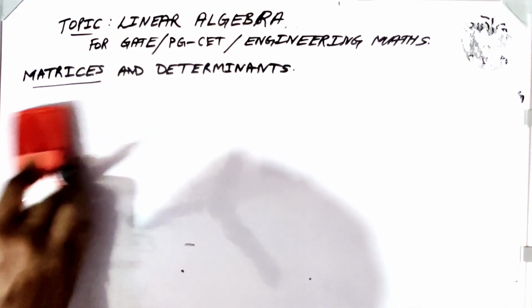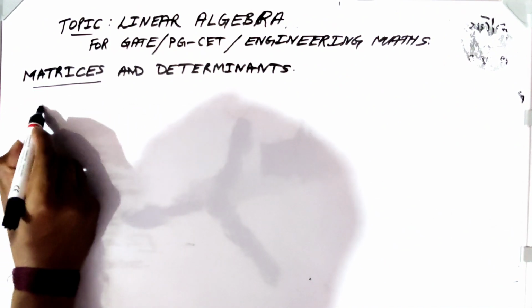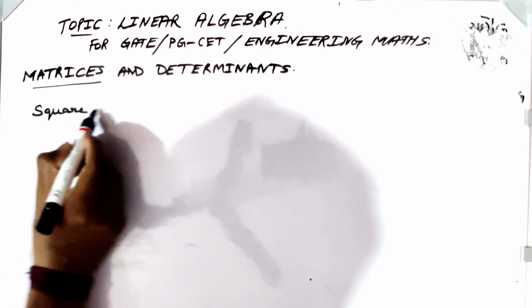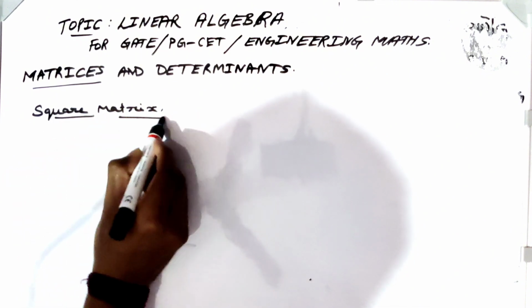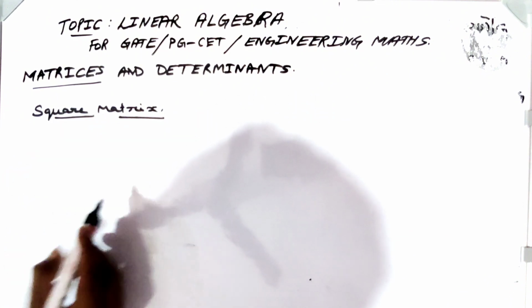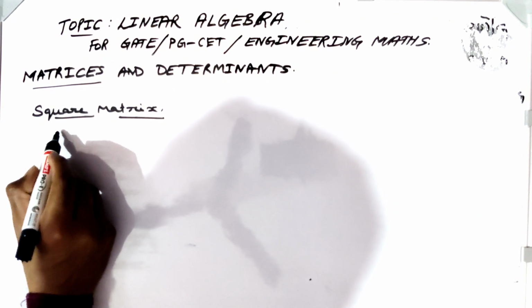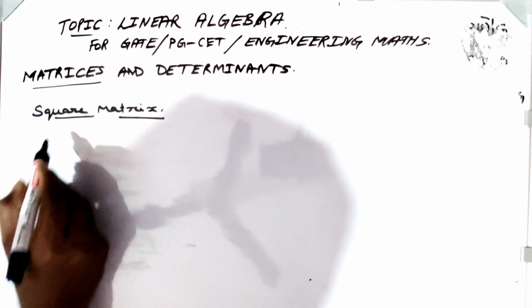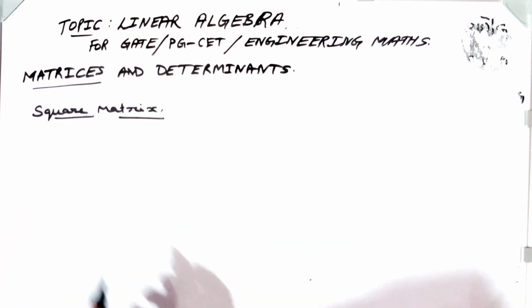The next type of matrix is the square matrix. As the name itself indicates, a square matrix is one in which the number of rows and the number of columns are equal.